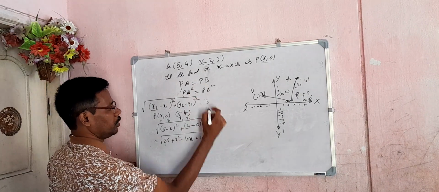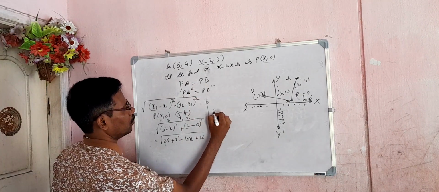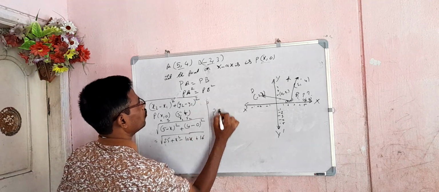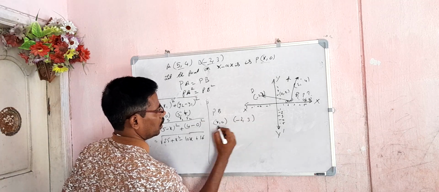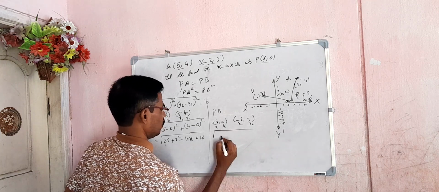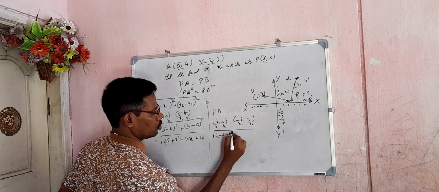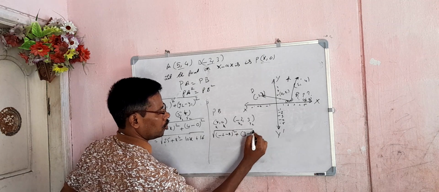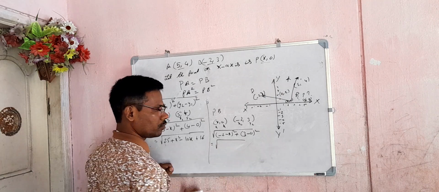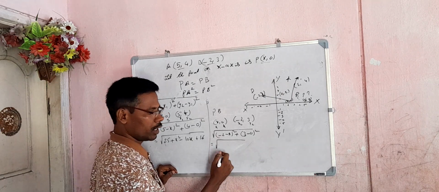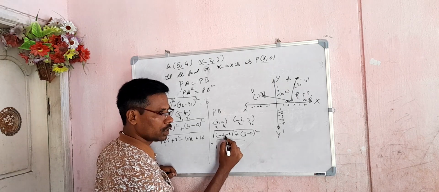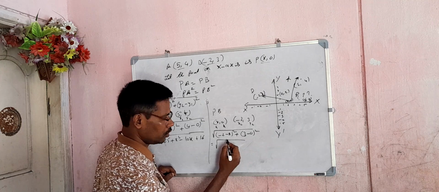So next PB. P is (x, 0), B is (-2, 3). Apply this one formula x1, y1, x2, y2. (-2 minus x) whole square plus (3 minus 0) whole square. So here apply formula, a square, a minus b, some formula you apply here.